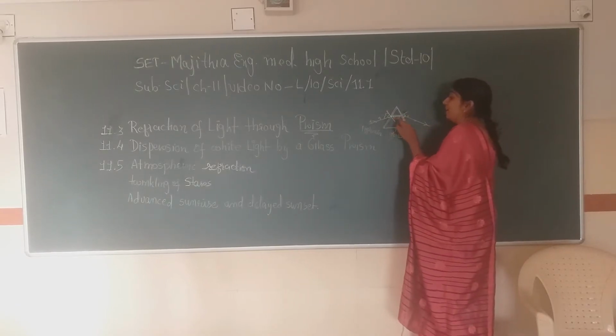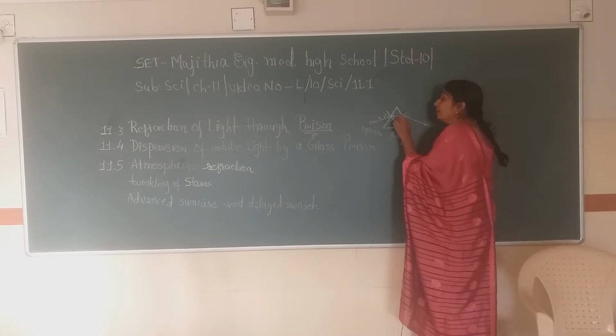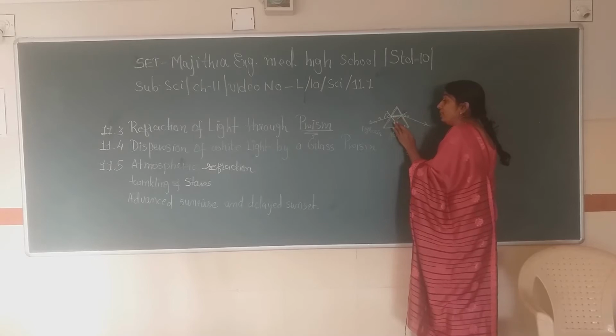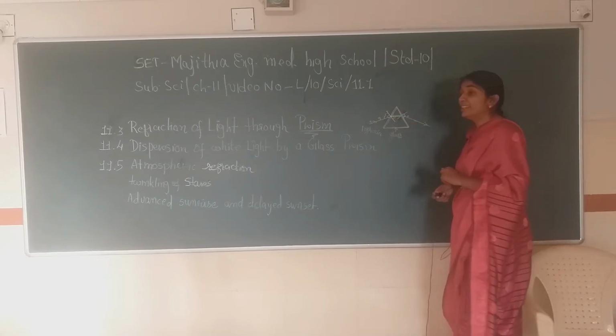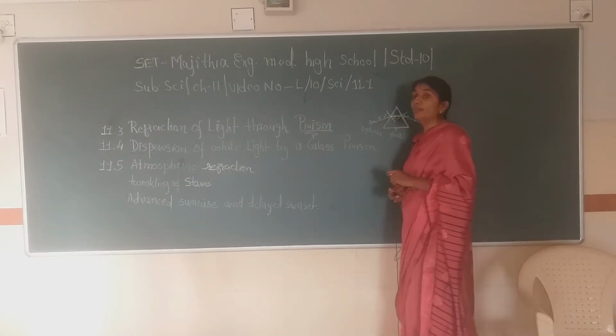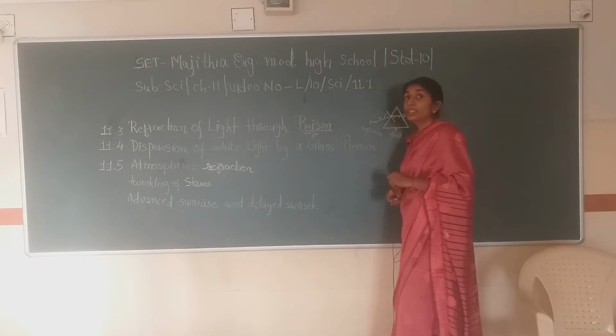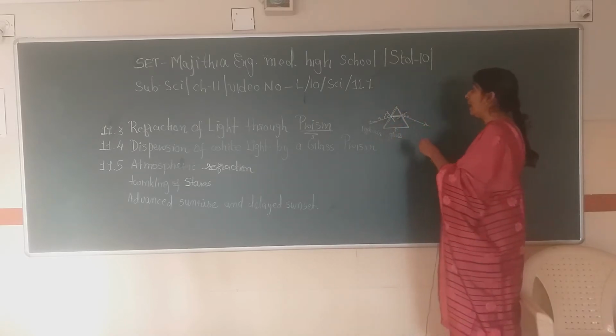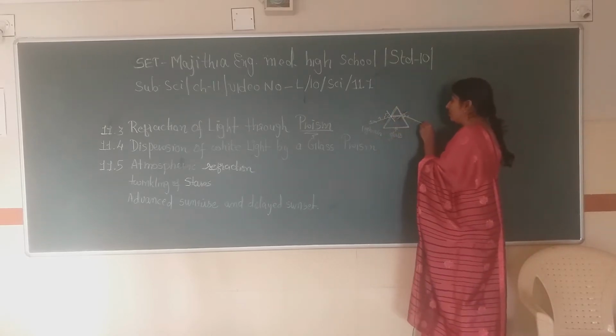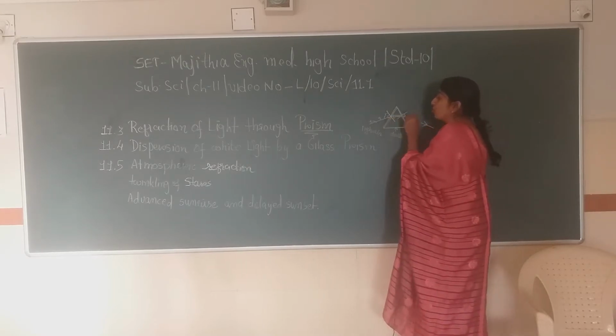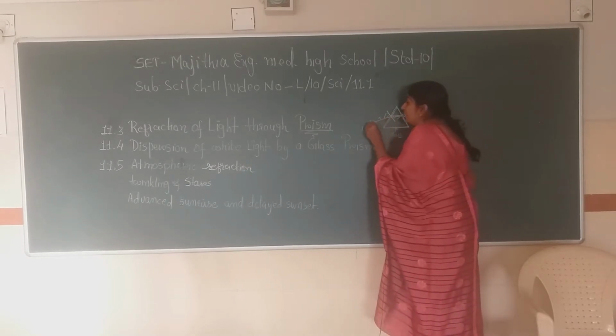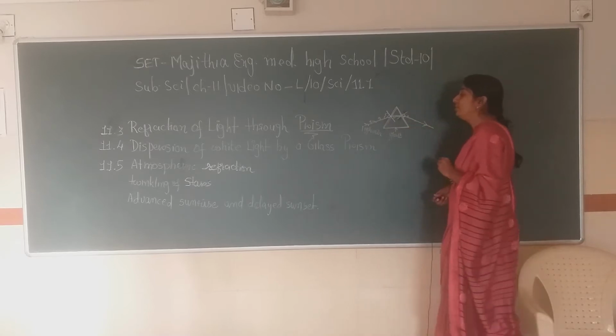As the refracted light travels from the denser medium to the lighter medium, it has a tendency to move away from the normal. This particular ray is called the emergent ray. The center one is called the refracted ray, and this ray is called the incident ray.